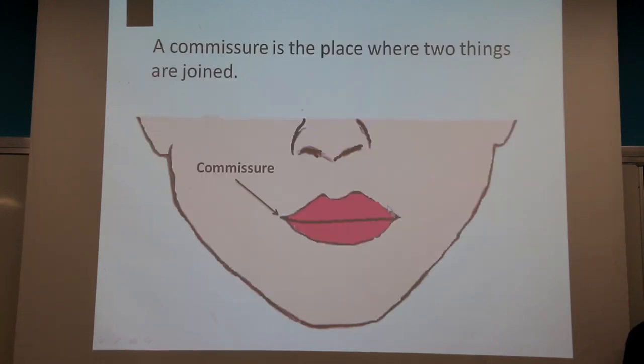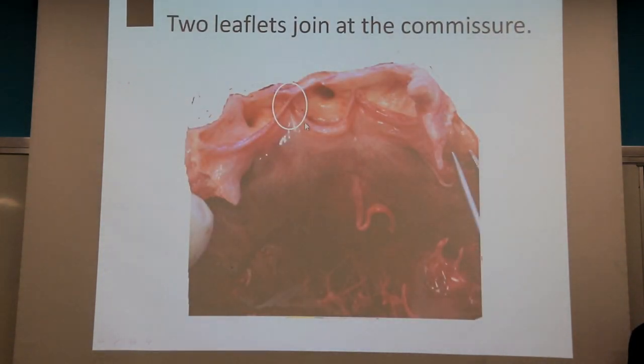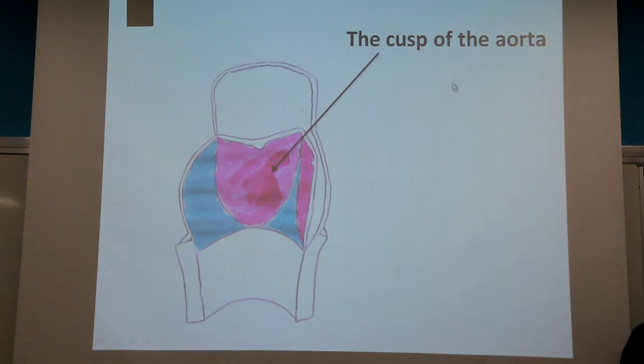Commissures. A commissure is a place where two things are joined, like here. Here, two leaflets join at a commissure. So this is a commissure, and here is the other commissure. Here is the cusp of the aortic valve, here is the aorta, and here is the left ventricle with its thick wall.